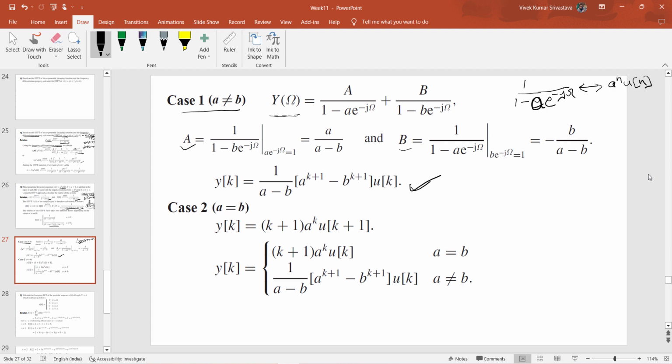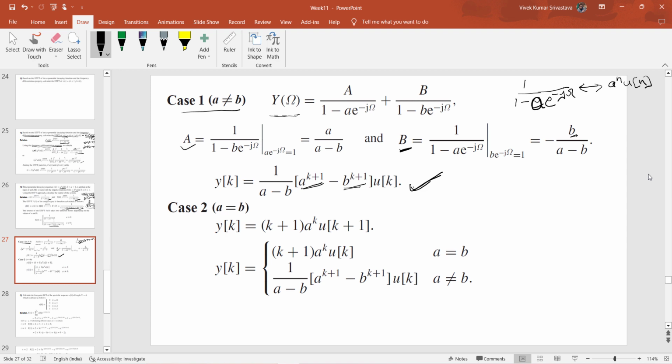Here a is already present, so this a and a raised to the power n will multiply, and the overall factor will come as a raised to the power k plus 1. Similarly here, due to the presence of one b factor in this coefficient, this will become b raised to the power k plus 1. That is how you can evaluate the response.